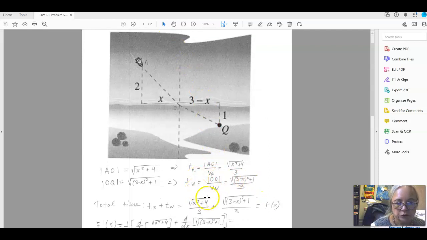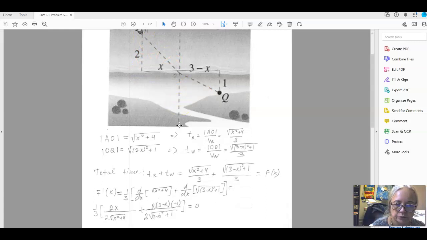Now, what is the total time he would spend to get from his current location to Q? Total time is given here. It's a function of x. Again, what is x? x is this distance where he wants to come to the shore. How far from this point he needs to stop and come to the shore.